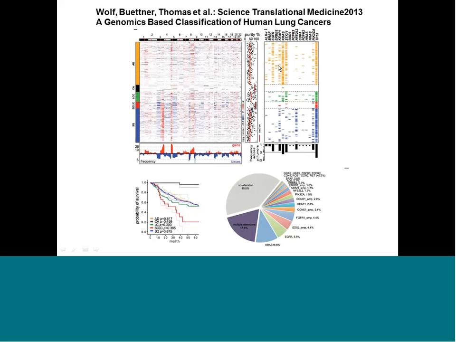In adenocarcinomas, for example, EGFR mutations. In squamous cell carcinoma, for example, FGFR amplification and so forth. So the big entity, let's say adenocarcinoma of the lung, is now falling into a basket of many different entities that are driven by specific oncogenic events and need specific therapies.